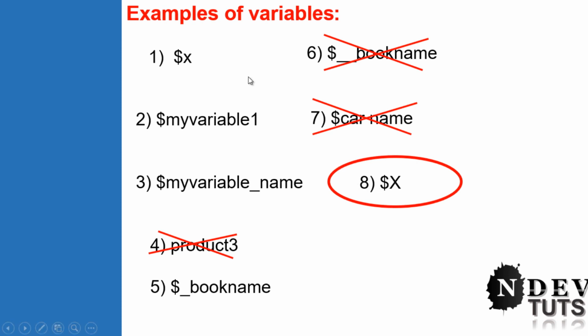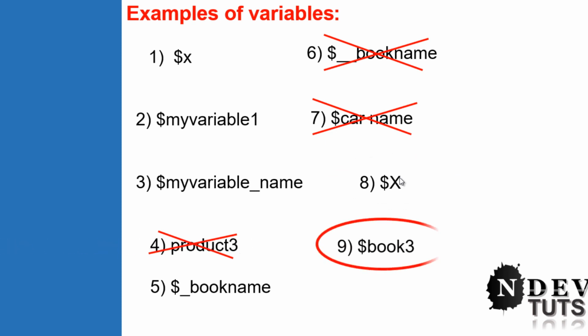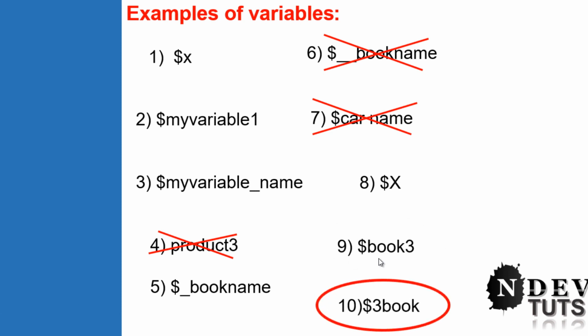It means $x with a small x and $X with a capital X are two different variables, so be careful while defining variable names. $book3 follows rule number 6. $3book is wrong because a variable name cannot start with a number. It follows rule number 3.